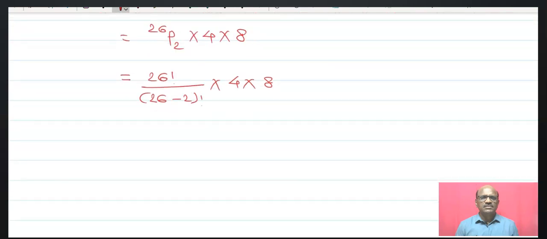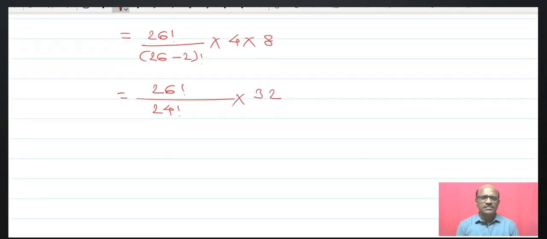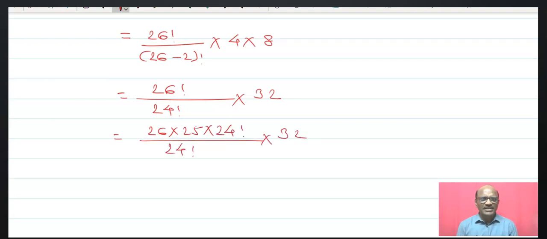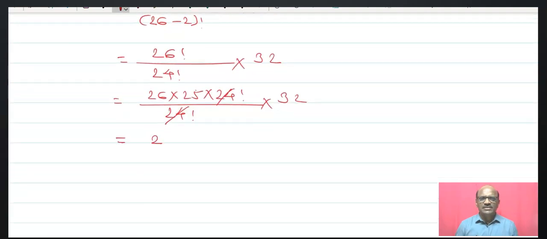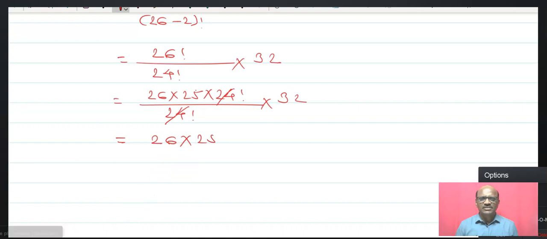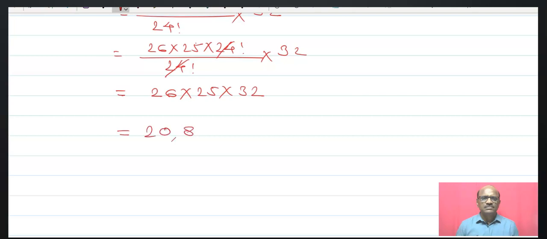That is 26 factorial upon (26 minus 2) factorial into 4 into 8. That is 26 factorial upon 24 factorial into 32. And we can cancel these terms. Now the normal cancellations are there. That is 20,800.